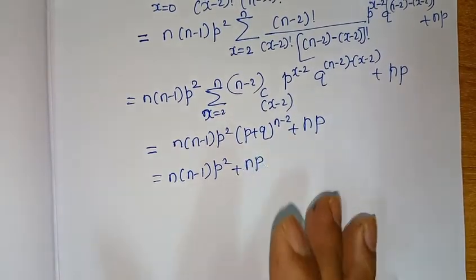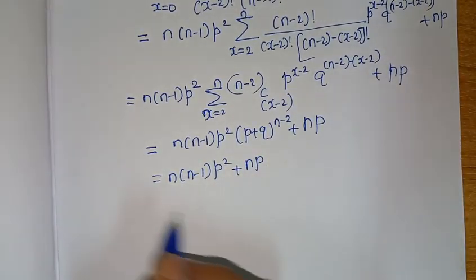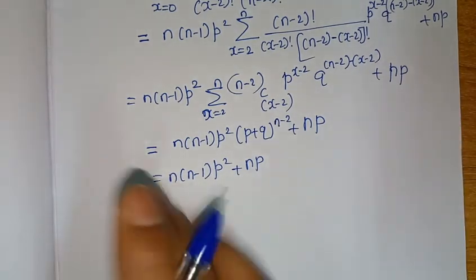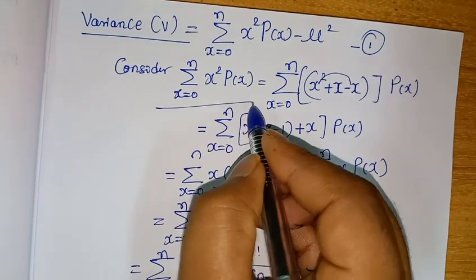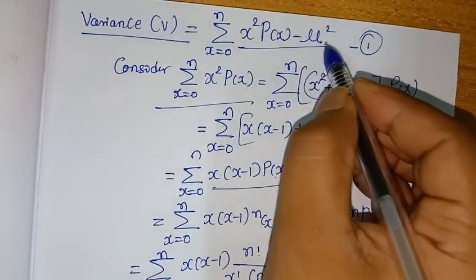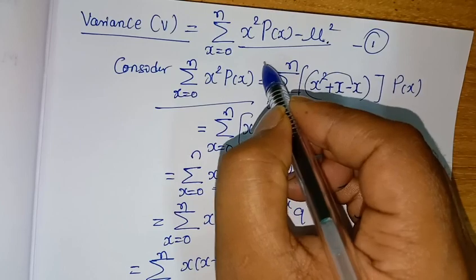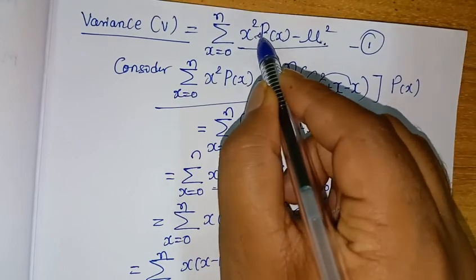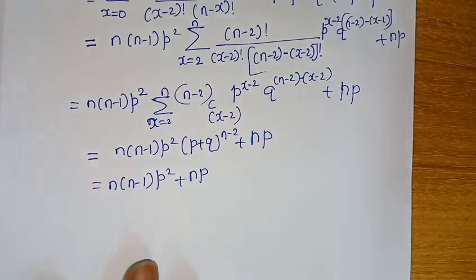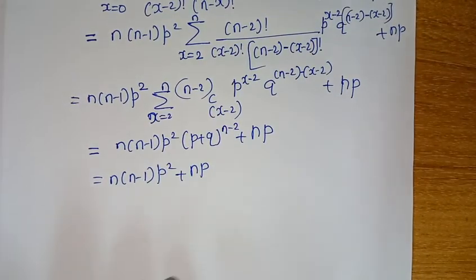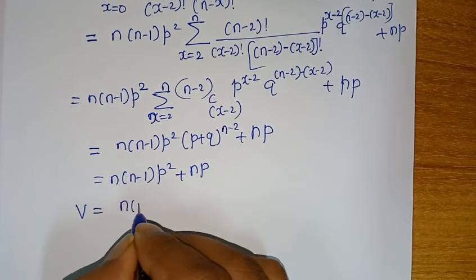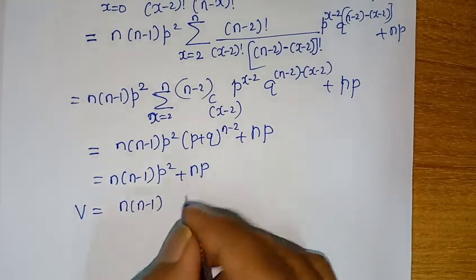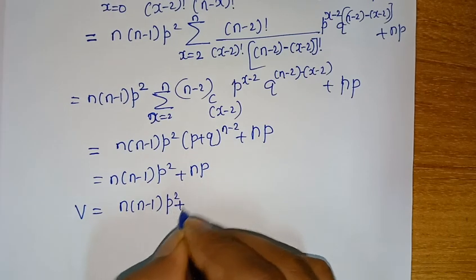So this will become 1 into something, plus np we have. Therefore if we simplify further, from this we have considered only this part, but in the variance we have this part also. So we'll rewrite equation 1, I'll substitute this and this I'll substitute at the end. So what I'll get, variance V equals n into n minus 1 p square plus np.